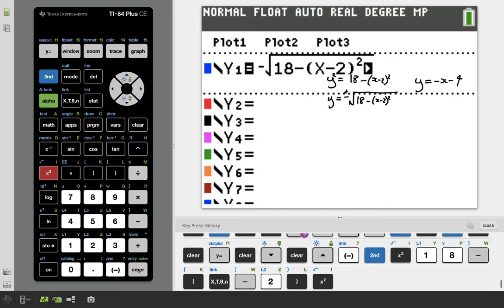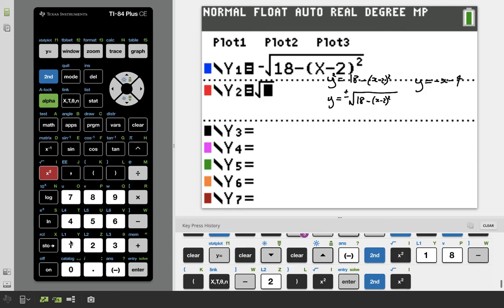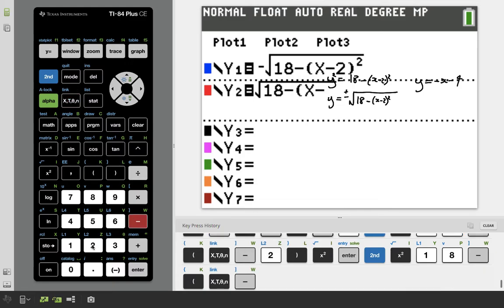And I say that because the calculator doesn't seem to join up these surds very nicely. So this is the plus square root 18 minus brackets x minus 2 all squared.